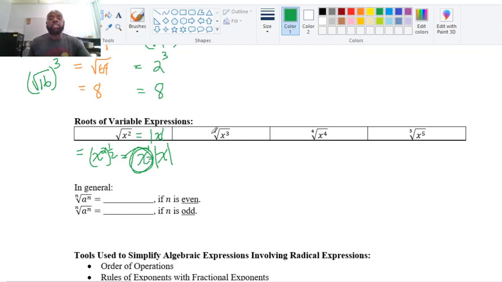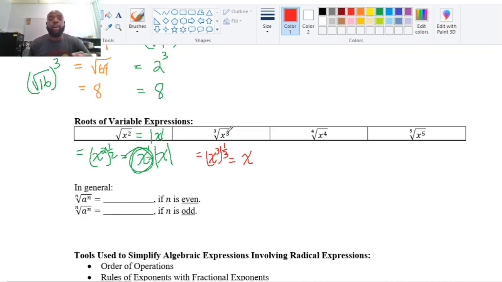Let's go to the cube root of x cubed. A similar thing happens at the beginning, right? If I wanted to rewrite this, I can write that as x cubed to the 1/3 power, right? Well, I multiply those exponents, I get x to the first power of just x. Now, this is a cube root, right? This is to the third power.